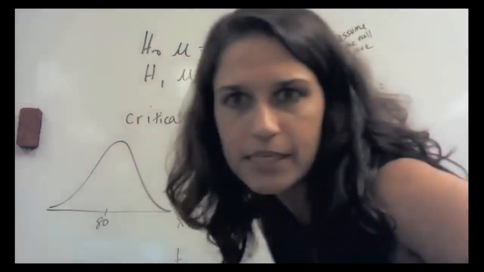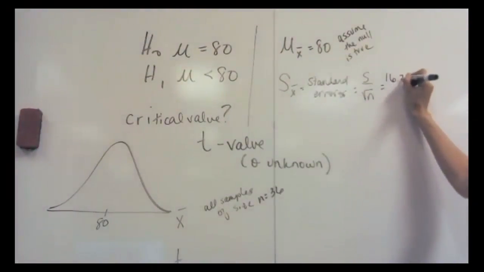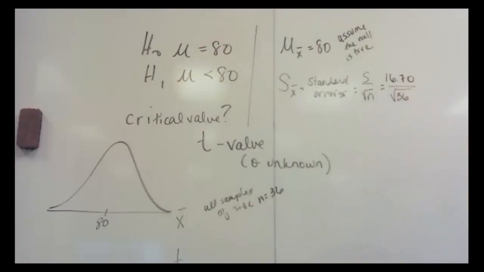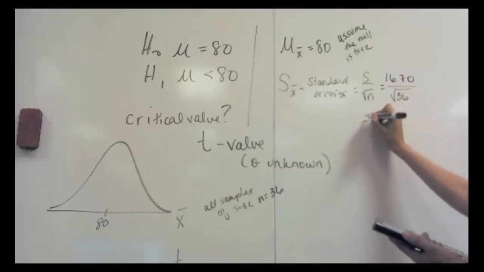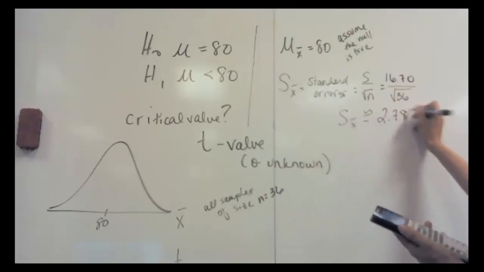That's equal to s over the square root of n. S is 1670, and the square root of n is the square root of 36. So I have 1670 divided by the square root of 36, or approximately 2.78.